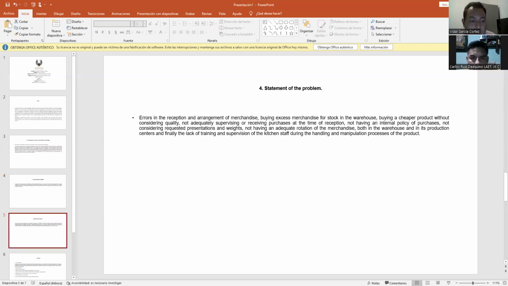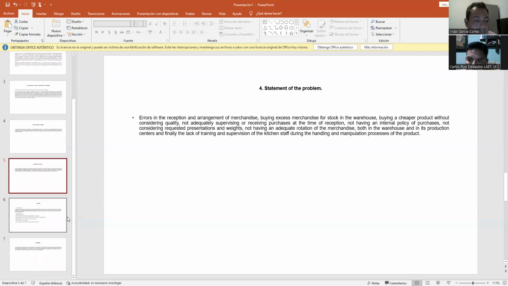Statement of the problem. Errors in the reception and arrangement of merchandise. Budget. Excess merchandise in stock in the warehouse. Buying a cheaper product without considering quality. Not supervising the receiving of purchases at the time of reception, not having an internal policy.